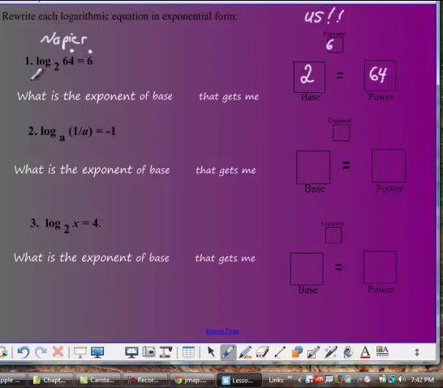Again, I say it as this. Instead of saying the word log, I say the phrase, what is the exponent of base 2 that gets me 64? 6. Okay, how about this one?